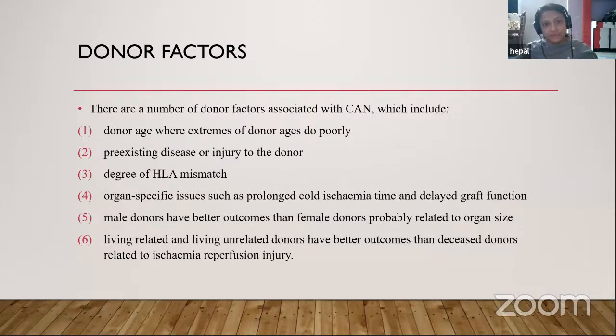There are a number of donor factors associated with chronic allograft nephropathy, which include donor age, where extremes of donor ages do poorly, any pre-existing disease or injury in the donor, degree of HLA mismatch with the donor, organ-specific issues such as prolonged cold ischemia time or delayed graft function. Male donors have better outcomes than female donors, probably related to organ size and nephron mass. Living related and living unrelated donors usually have better outcomes compared to deceased donors, related to the ischemia-reperfusion injury.